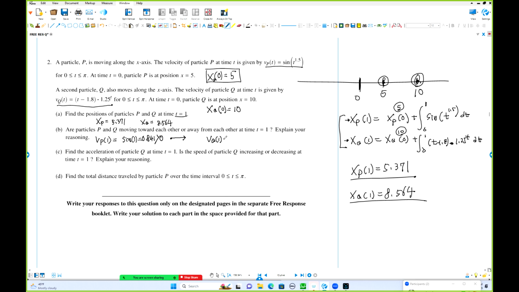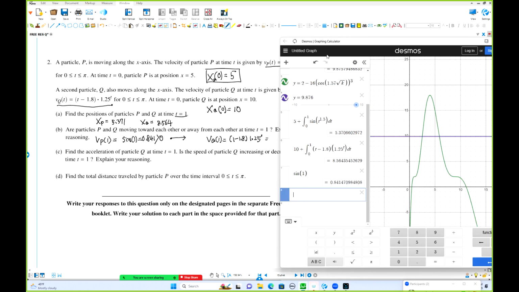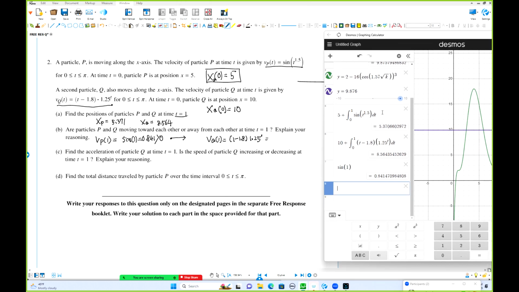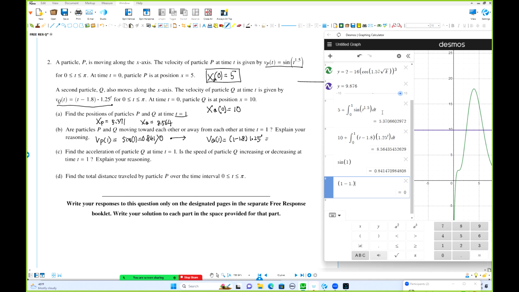Particle Q at time t is 1: 1 minus 1.8 times 1.25^1. How much is this? Find out by calculator: 1 minus (1.8 times 1.25).